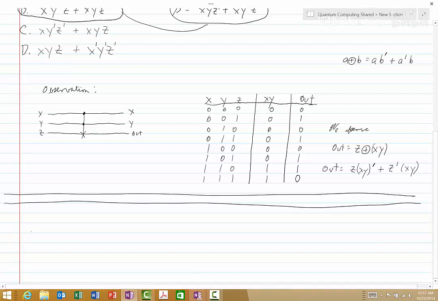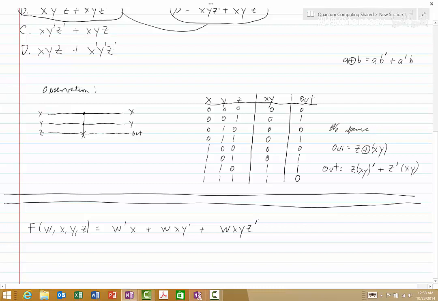So let's suppose that we had f of w, x, y, z is equal to w prime x or w x y prime or w x y z prime.